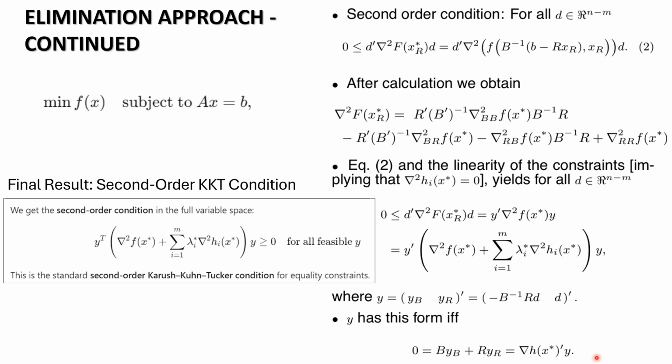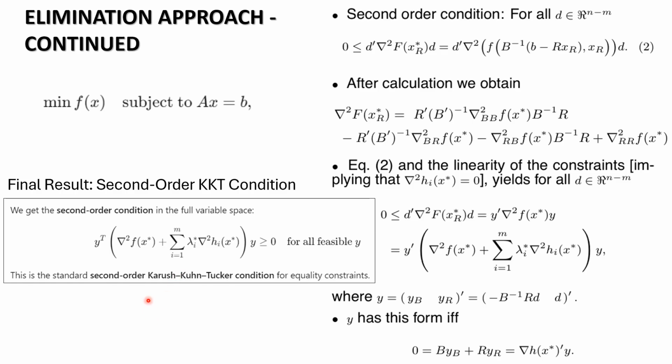So y lies in the null space of the Jacobian of the constraint, meaning it's a feasible direction tangent to the constraint surface. So the final result is actually a second order Karush-Kuhn-Tucker condition for equality constraints.